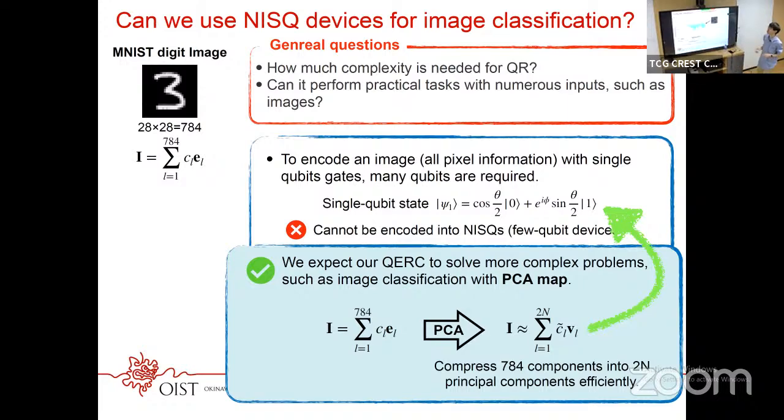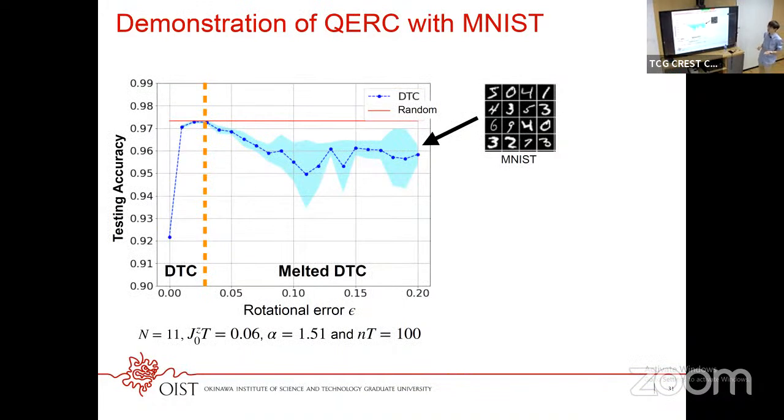Now, let me show the result. Demonstration of QRC with MNIST classification. Here I'm showing the results of our MNIST classification for testing, not training. The blue line shows the result of DTC, and the red line is the result of the random one.